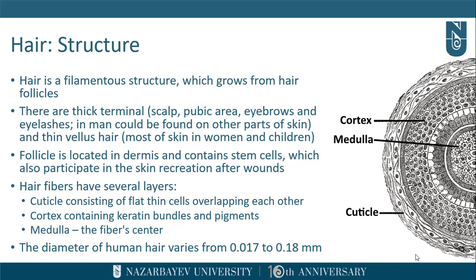And how does the hair grow? Hair growth starts from the hair bulb that is below the epidermis. So from there, the basal cells start to proliferate, and we start to have keratinization that would result in a hair shaft that is visible by our eyes.